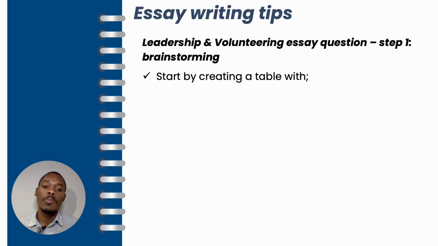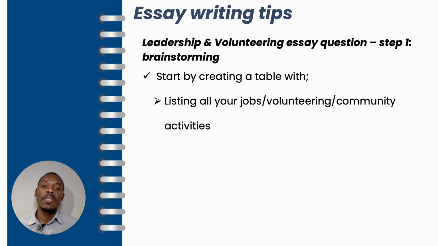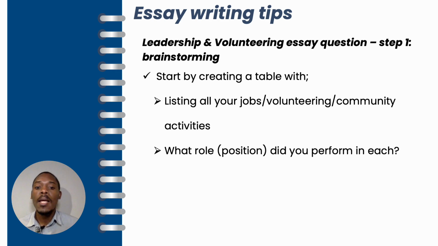So how do you brainstorm? You need to start by creating a table, and this table should list all your jobs, your voluntary activities, and your community activities. So what have you done? Then to each of these jobs, voluntary activities, and community activities, you need to assign what position you were in.